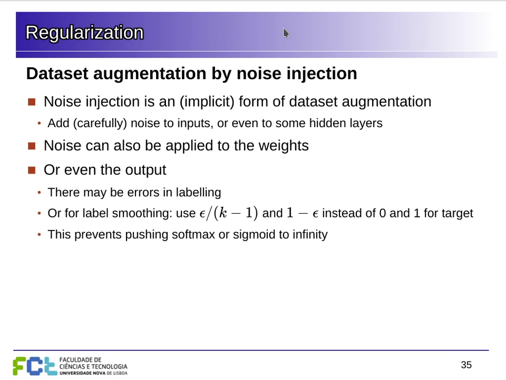You can inject noise into the input, you can inject noise into the weights, you can even do that in the output. In some cases, you may not be entirely sure about the quality of the labels that you have, so instead of using, for example, 0, 1 labels, you can use something between a very small value and a value close to 1.